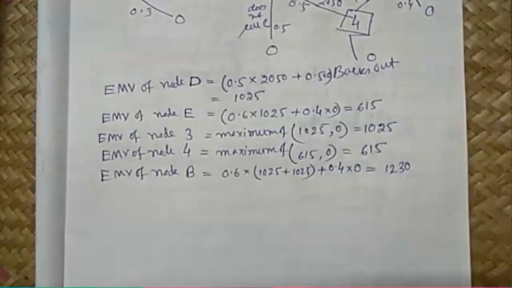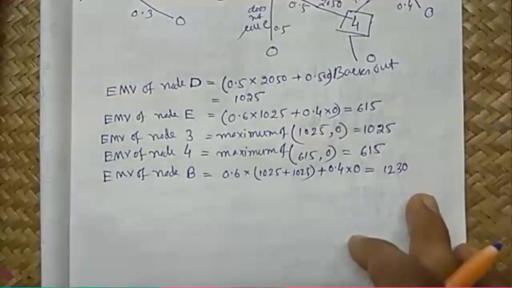So this 1025 plus 1025 together has a chance 0.6, and if he does not sell B, then the payoff is 0 and the tree ends there. So 0.4 into 0, which gives you 1230.